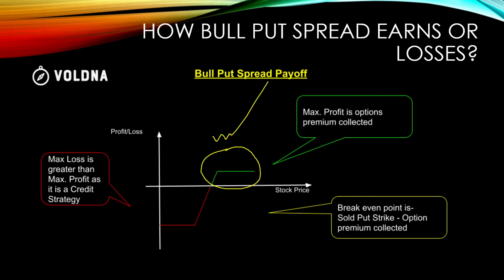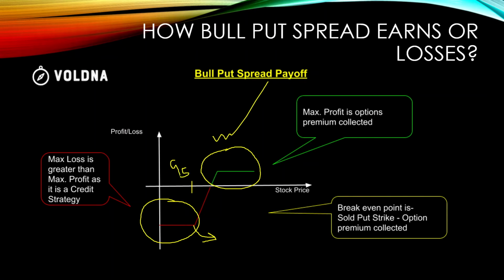And as this is a net credit strategy, however, it is a naturally hedged strategy, so the maximum loss is also limited beyond the bought put option. So you will see in this chart that beyond a strike price, let's suppose this was the $95 in our example, you bought option for $95 strike price. So beyond this strike price, your losses are limited.